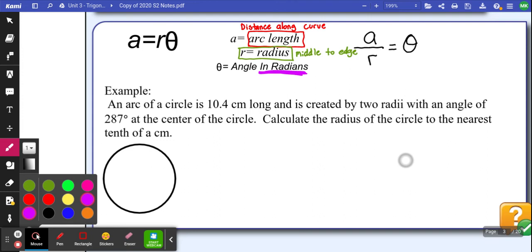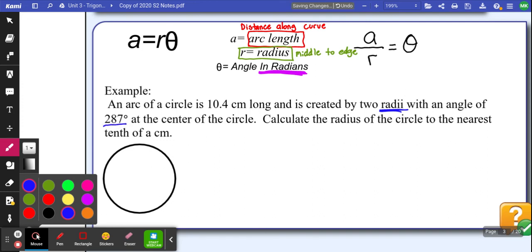The arc is 10.4 centimeters long. That means if you were to go along the edge of a circle, they want you to go 10.4 centimeters. It is created by two radii. With an angle of 287 degrees.